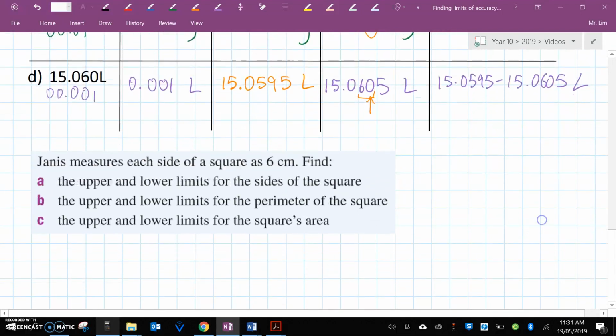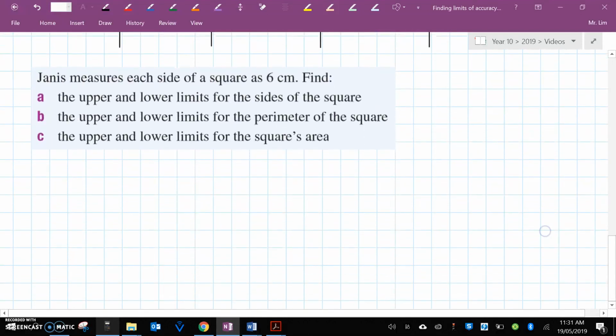Let's apply this to this next question. Janice measures each side of a square as 6 centimeters. Find the upper and lower limits for the sides of the square. So question A. The upper limit, because I find that easiest to do, is 6.5.